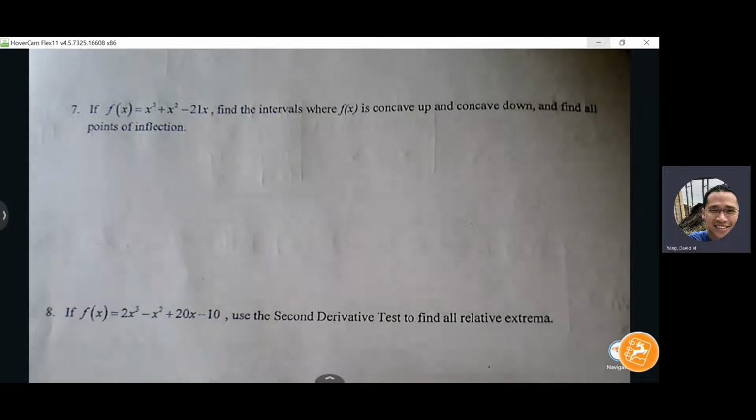Number 7, find the intervals where the graph is concave up and concave down. We know that all of this is going to come from the second derivative function. So we're going to work our way down to the second derivative function. We find f prime first, and then we make our way down to f double prime.